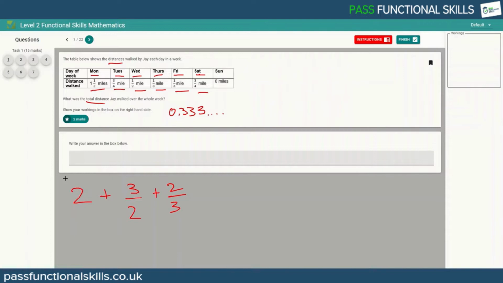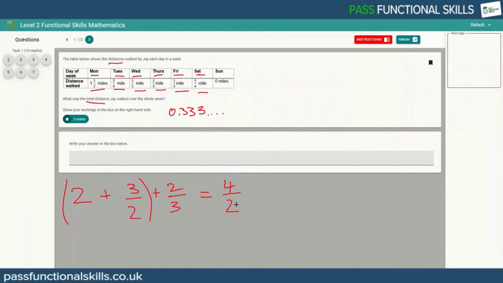Now, focusing on the first part, we have to add 2 plus 1.5. We can do that straightforwardly as decimals, or we can do it fully by converting it into a fraction with the same denominator as 3/2. So we've kept it exactly the same, we've just multiplied top and bottom by 2.